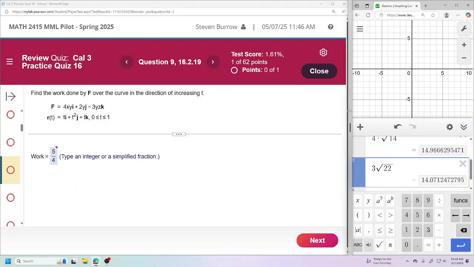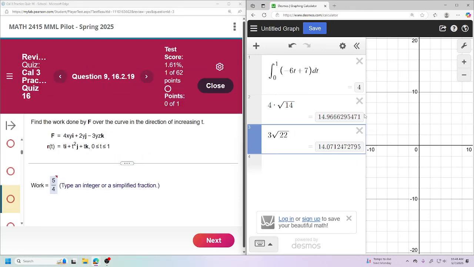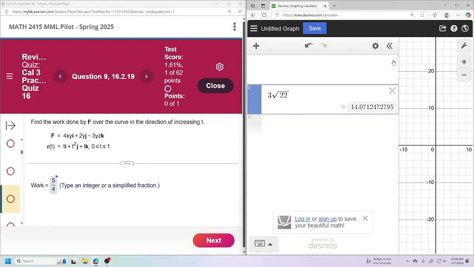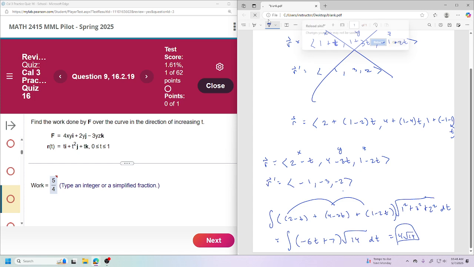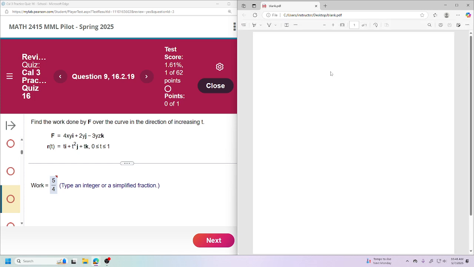Oh, I need a little bit of room for my big integral here. Okay, here we go. I think I could put it all in at once. So integral 0 to 1, obviously. And so my f is F dr, dot. I have to dot product it. Okay, hold on. No. I can't do it all at once. I have to do a little bit by hand. Sorry to disappoint.